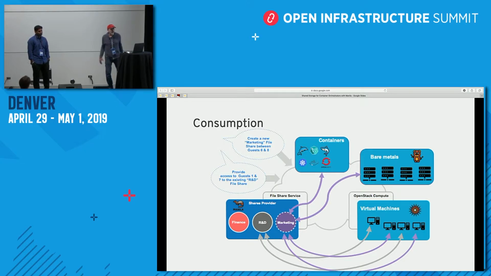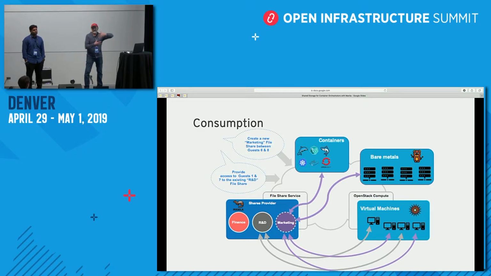You could have one department, say, one tenant called marketing, and another called R&D, and they would work basically as ships in the night to each other, able to provision infrastructure for themselves and consume that on Nova compute instances. They get isolated storage from one another and so on.